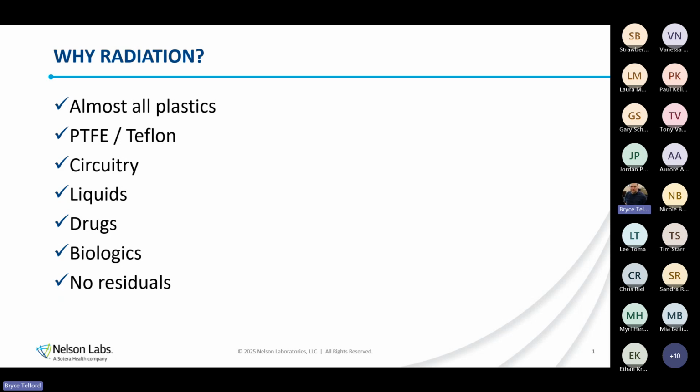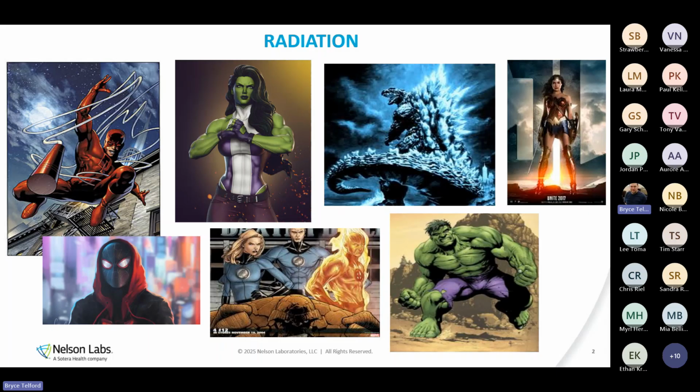Generally speaking, with radiation, the more dose, the more potential effect there is to materials and product. The less dose, the less effect that we're potentially going to have. So with that in mind, with radiation, we're kind of the good guys. We are able to handle those liquids, and we do have products that we can handle that other sterilization modalities can't really do. So radiation is the solution to various problems in a lot of situations.